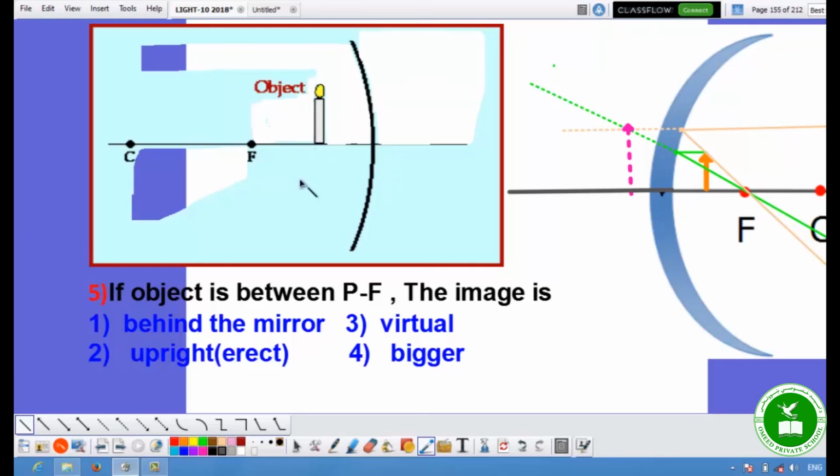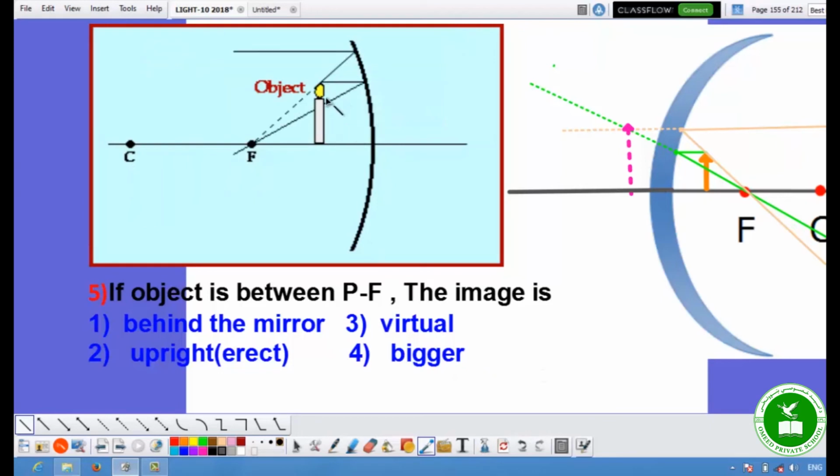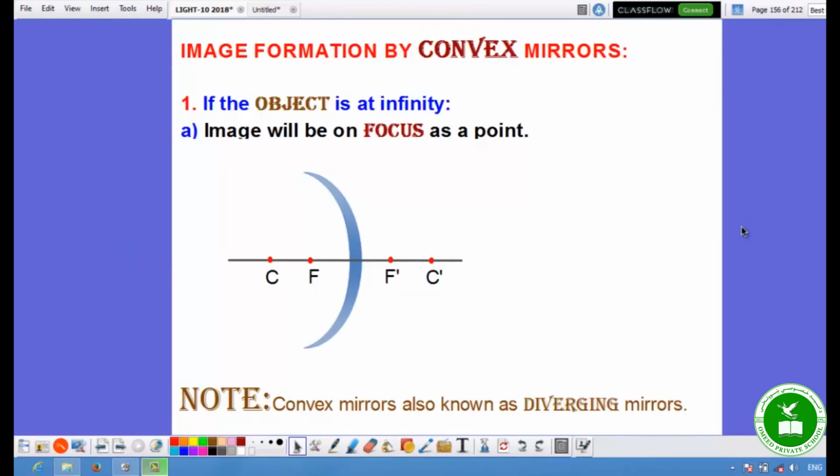Let's see this one also, whether we have done it correctly. You see, this is the object, and the image is formed here. Alright, now let's continue. Image formation by convex mirrors. Convex mirrors are the mirrors in which the inner surface is painted and the outer surface reflects incident rays, right?